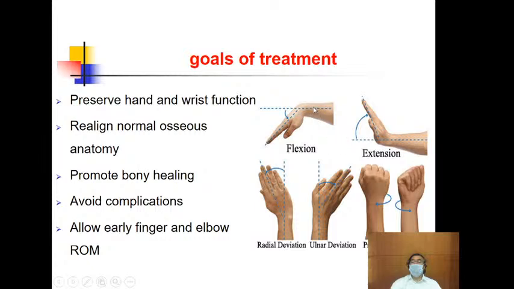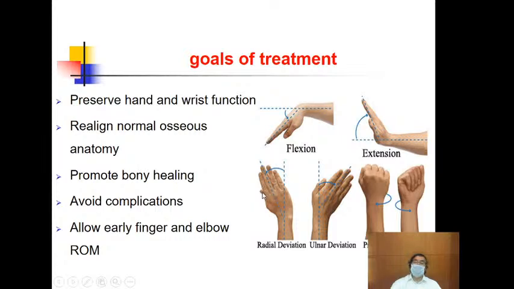And these are some of the movements in the wrist joint. This is flexion, otherwise known as palmar flexion, because the hand is going towards the palm. Extension is commonly known as dorsiflexion, because that is going towards the dorsal side. And this is radial deviation, or some people may call it abduction.